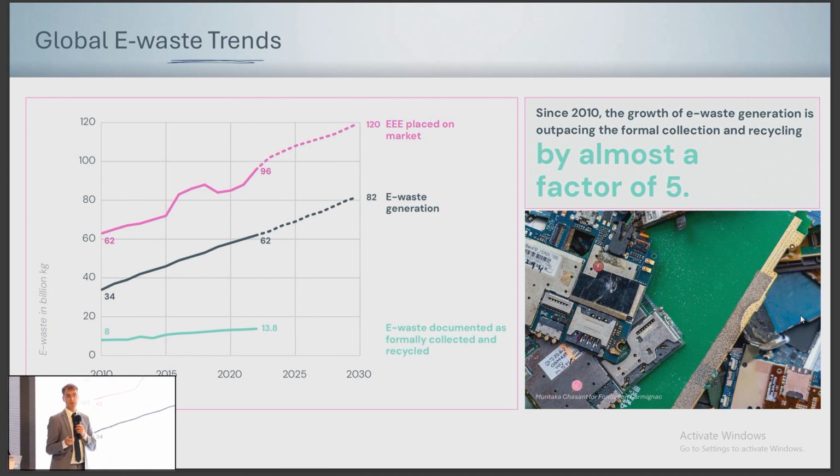So this is very positive. So we are actually doing more. It has grown from 8 up to 13.8 billion kilograms. However, the speed at which the e-waste mountain is growing is unfortunately faster than the amount of the recycling. So I think we have to do better.